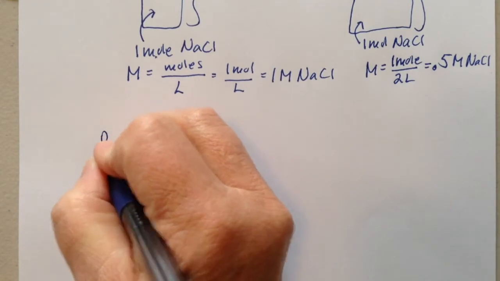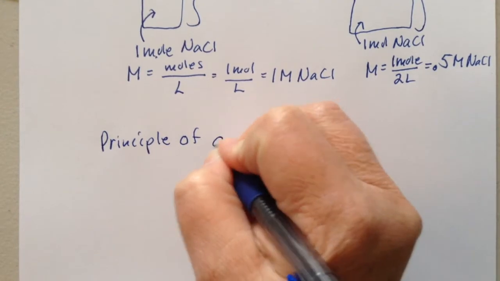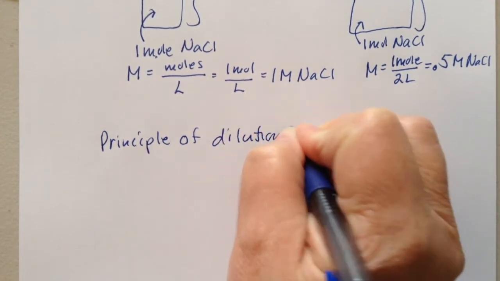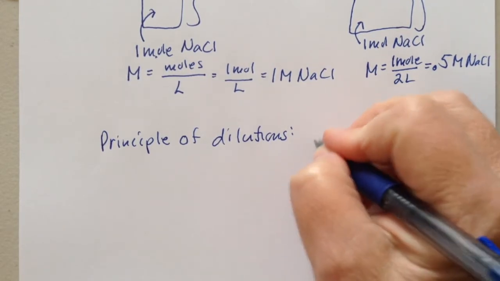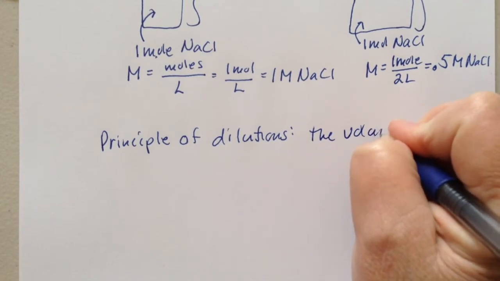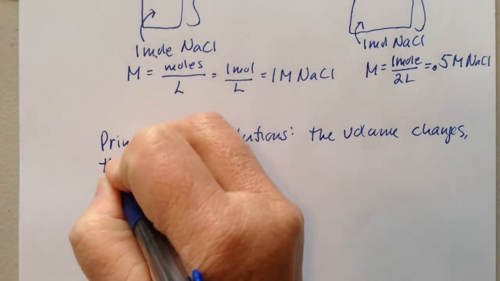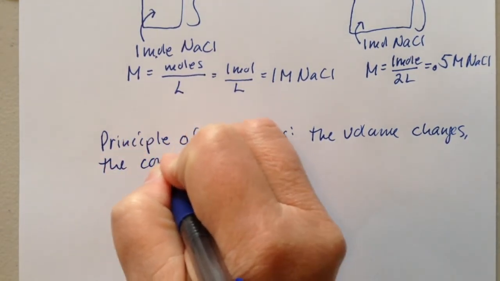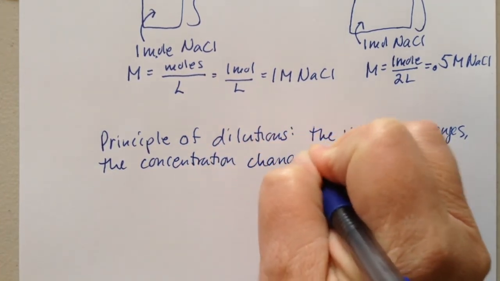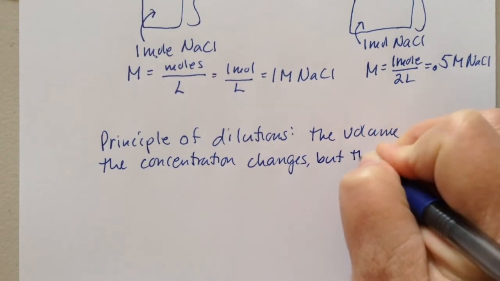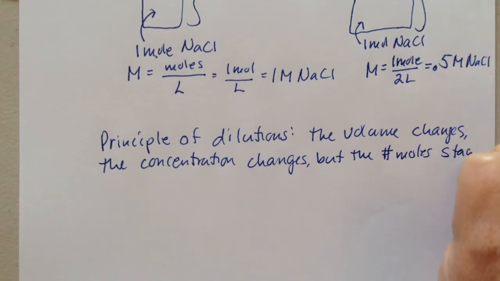So the principle of dilutions is that the volume changes, the concentration changes, but the number of moles stays the same.